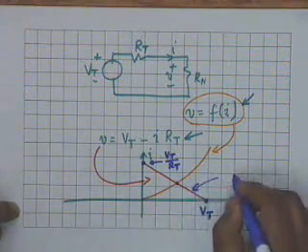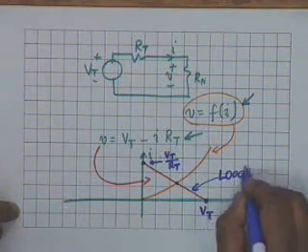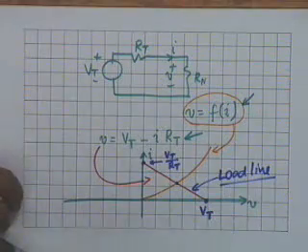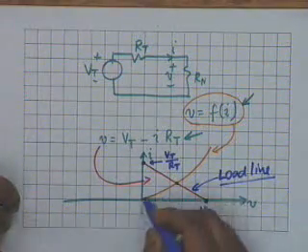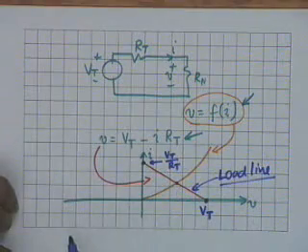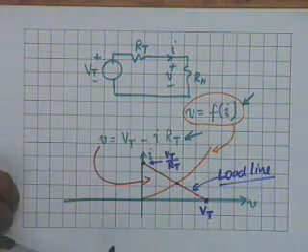This red line is called the load line, for reasons to be understood later. And this is the device characteristic, and it is the intersection between the two which determines the current and voltage. As I said, both are required. It is not sufficient to find out the voltage only or the current only. Both of them have to be specified.